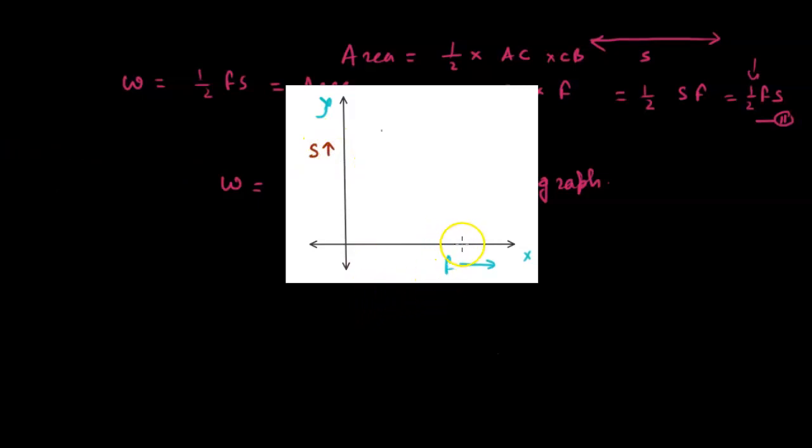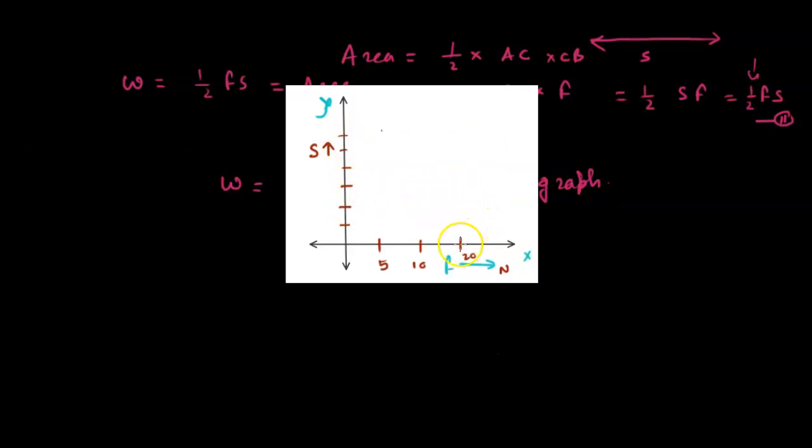So suppose there is a constant force of 20 Newton. This is 5 and 10 and then 20 Newton applied. Okay, and this constant force keeps on producing displacement 10, 20, 30, 40, 50, and keeps on displacing. So the graph is going to be like this.